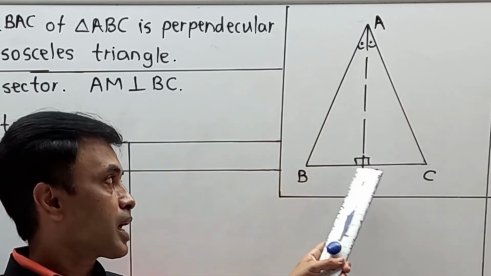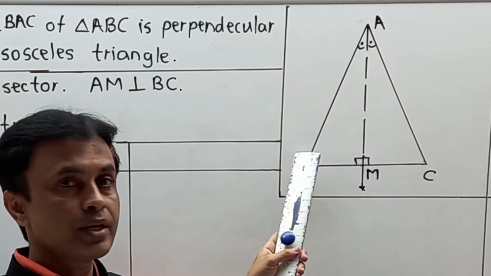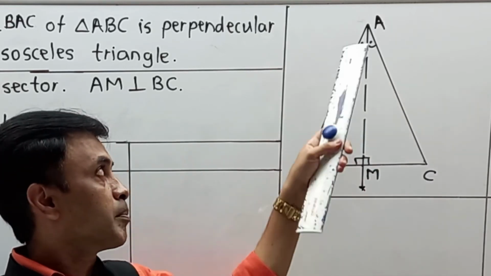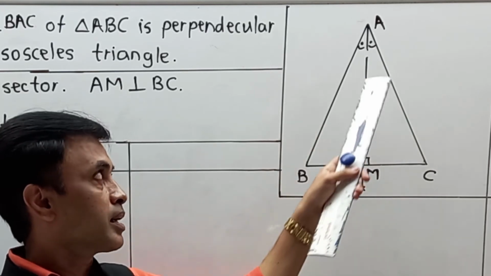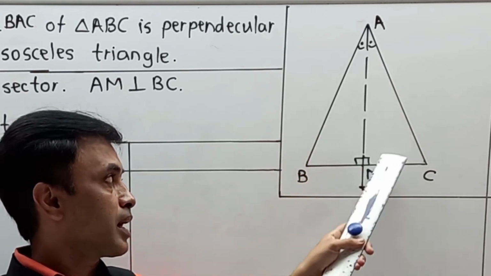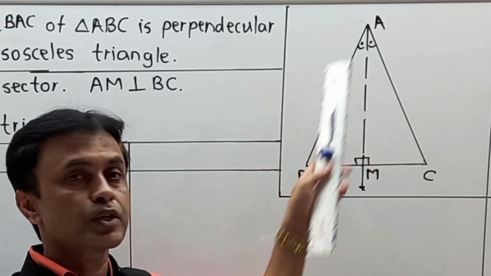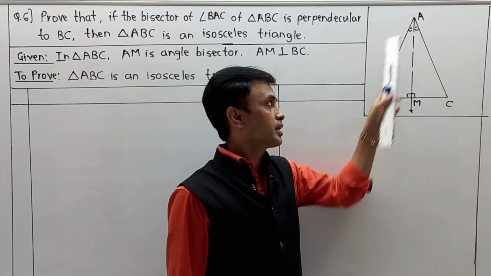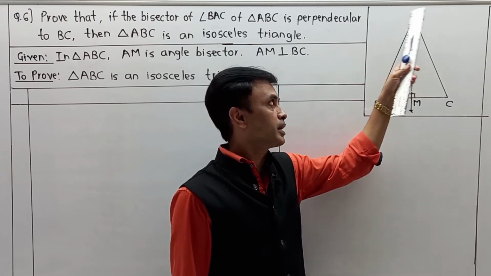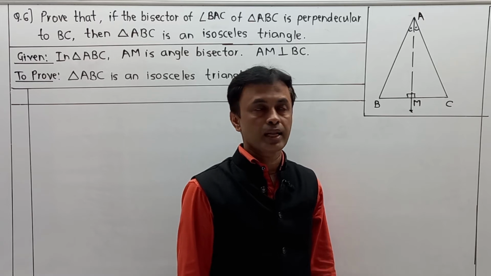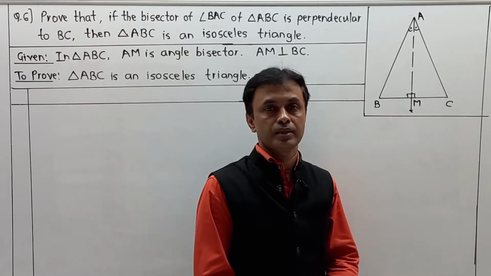Triangle AMB is congruent to triangle AMC by angle side angle, the test of congruency. When two triangles are congruent, their respective sides must be congruent. So AB equals AC. If AB equals AC, then triangle ABC is an isosceles triangle. In this way we complete the proof.